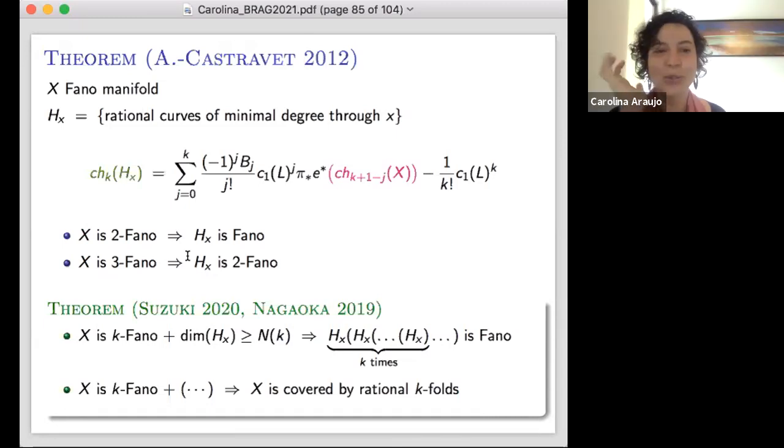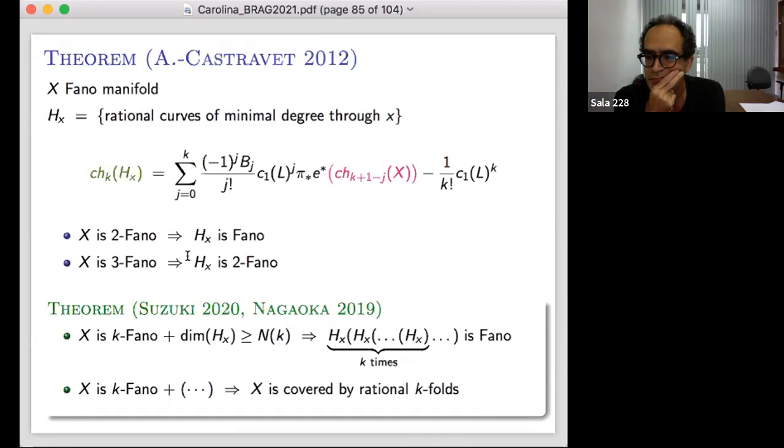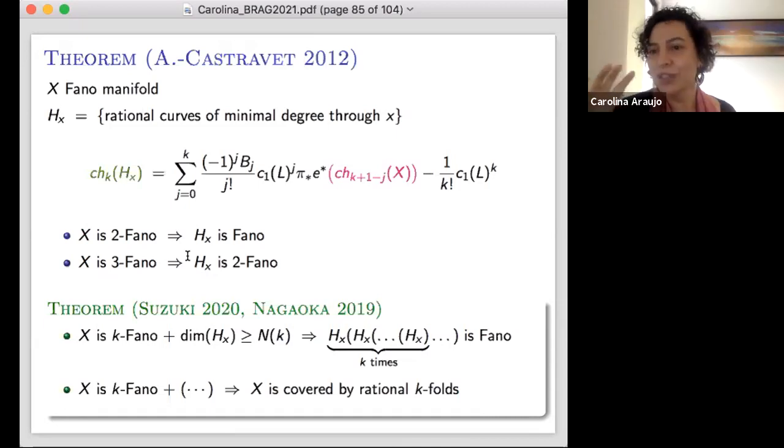Not formal, but usually the H sub X is a baby of the X. It's very common that if X has a property, H sub X has a slightly weaker version of that property.